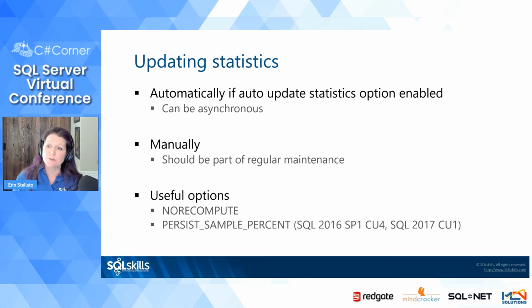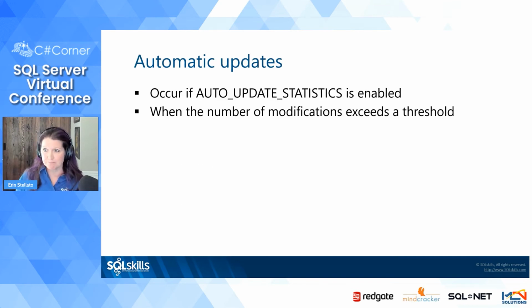And then there's also an option of persist sample %, which by default, when an automatic update occurs, it uses a default sample, which is about 10% or less. And if I want a statistic to always be updated, let's say with a full scan, because I have a skewed data distribution, I can choose to persist the sample % for that so that no matter when it updates, it always updates with a full scan.